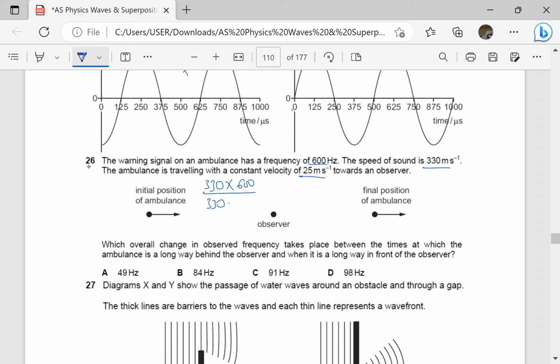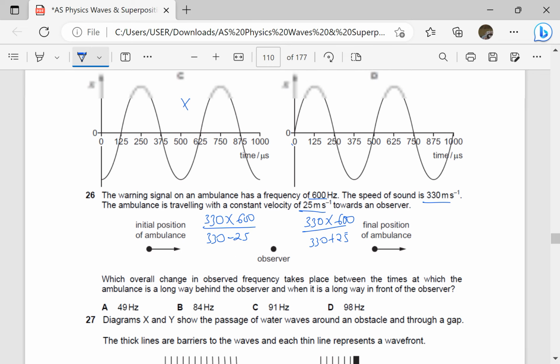Because it is towards, we subtract the speed of the source, so minus 25. Then here, if it is away, normal speed is 330, normal frequency is 600, divided by 330. Because it is away, we add, so this will be plus 25.